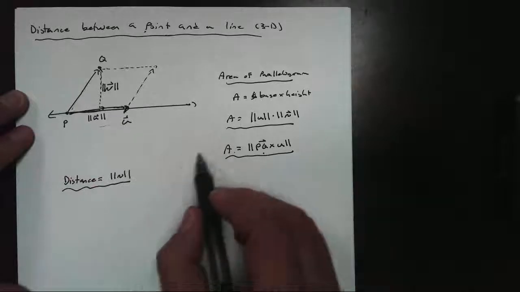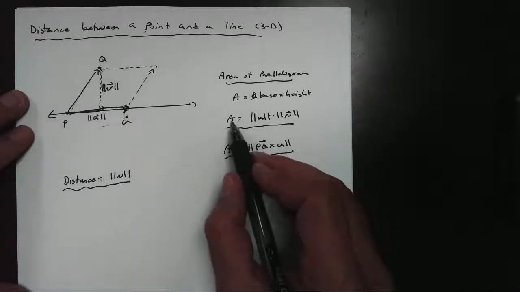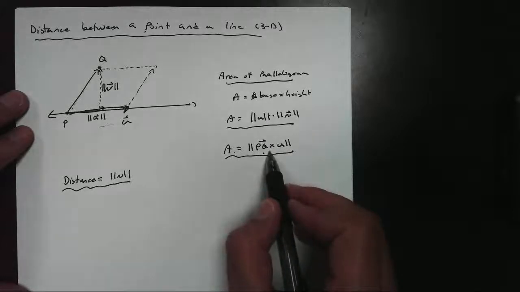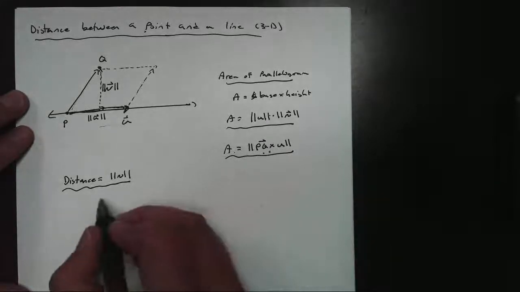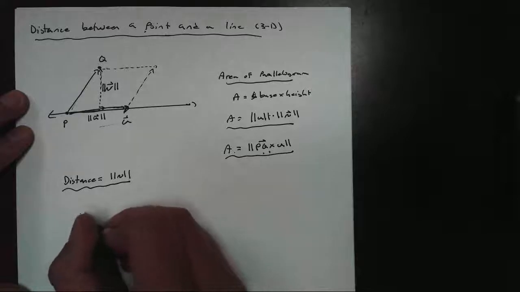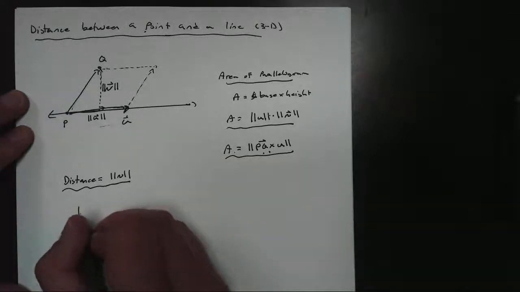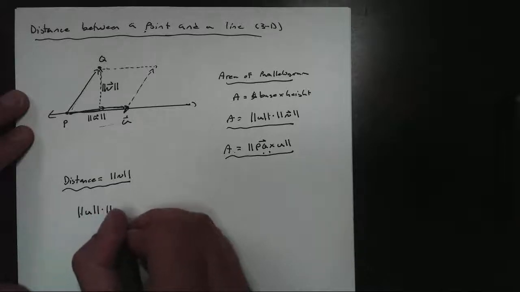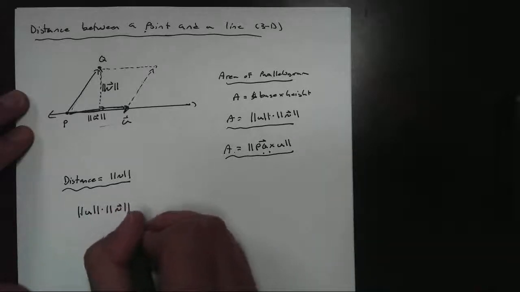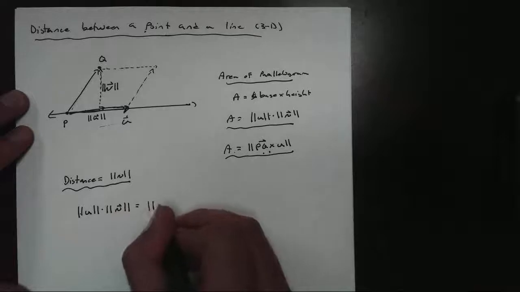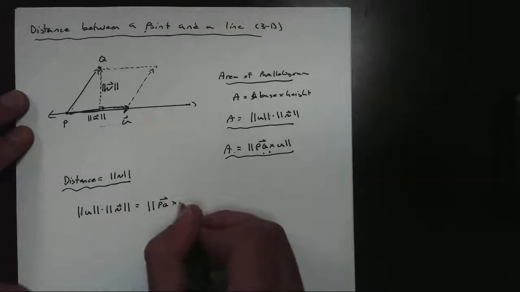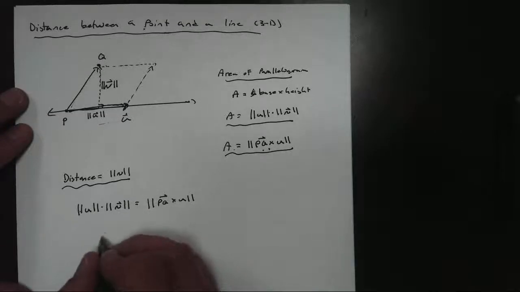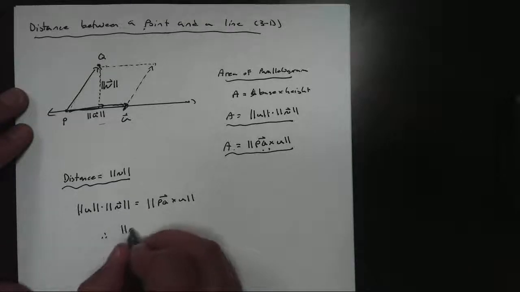To solve for this, we can use algebra. We know the area is equal to base times height, and the area is also equal to the magnitude of our cross product. So the base times the height equals the magnitude of the cross product. With a little bit of algebra, I can solve for our distance.